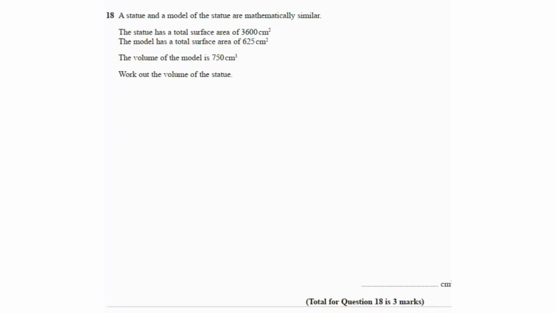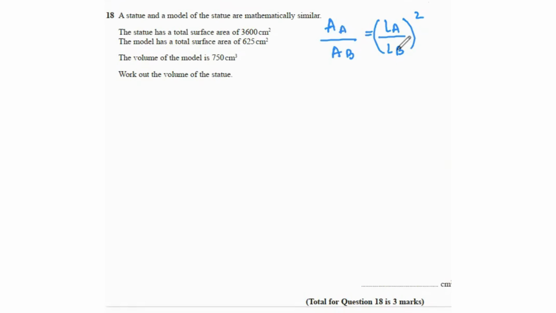So now the next thing you need to know about similar shapes is that if we're dealing with the area or volume, for area, area of shape A divided by area of shape B is equal to length of shape A divided by length of shape B squared. Previously, we were just talking about lengths, so we didn't have to square the scale factor.